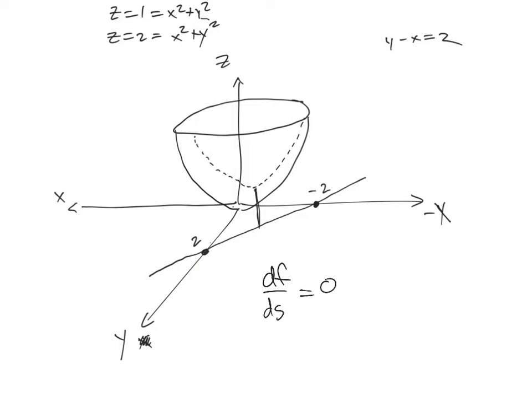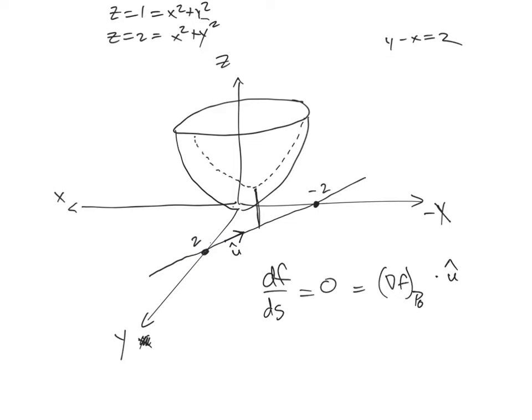And remember, df ds is a directional derivative, okay? It's equal to the gradient of f at the point I'm looking for dot u hat, where u hat is a unit vector pointing along here. That's my u hat. Okay?